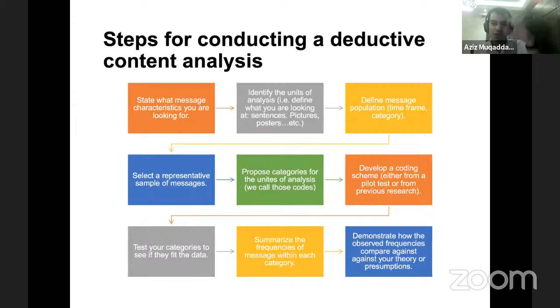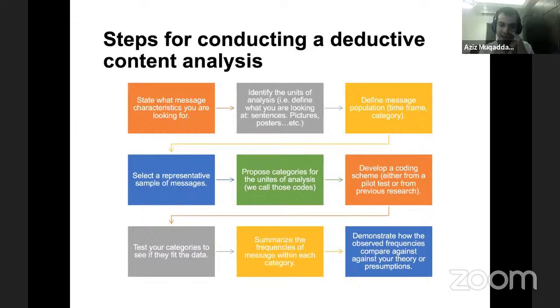Then you decide what you're analyzing. Are you looking into pictures or text? Are you analyzing sentence by sentence, paragraph by paragraph, image by image, post by post, etc.? You also need a time frame and a place frame.